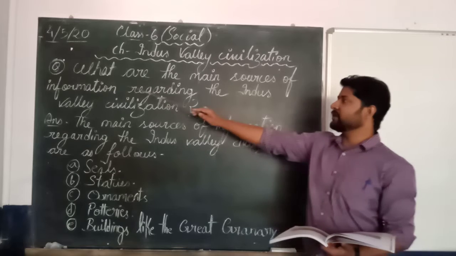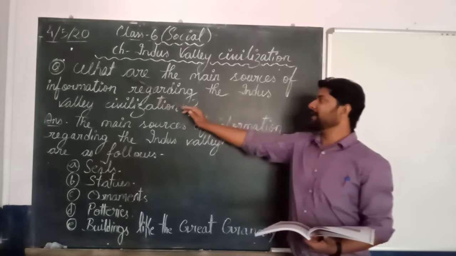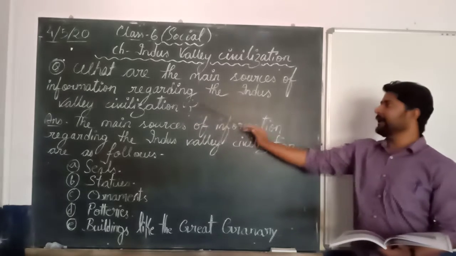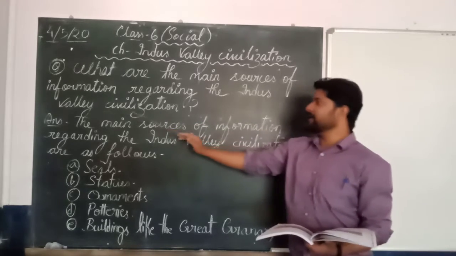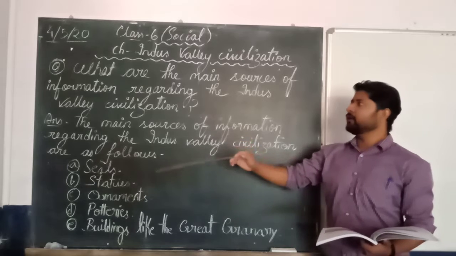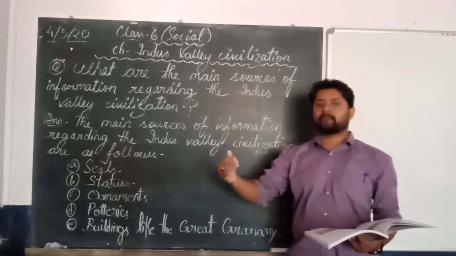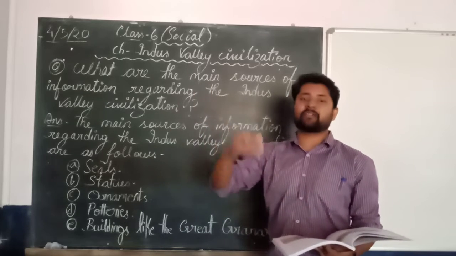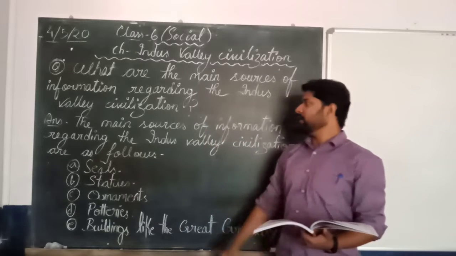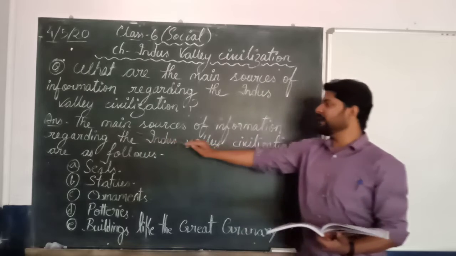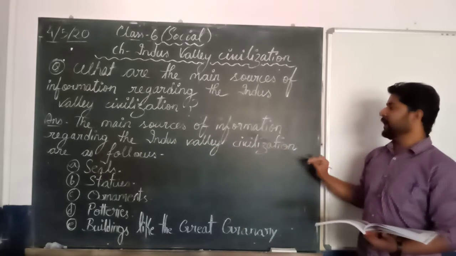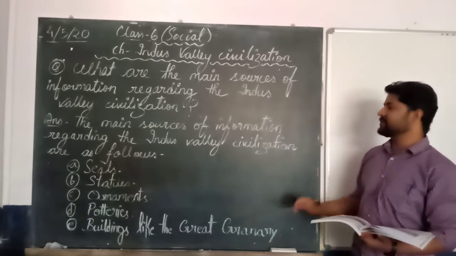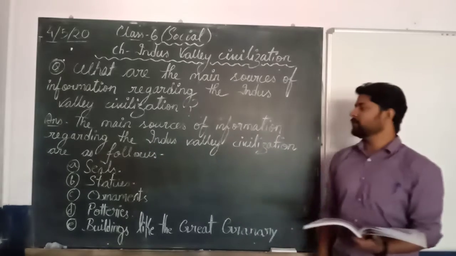As you can see, the question is written as: what are the main sources of information regarding the Indus Valley civilization? The question means, with the help of which sources did we get all the information about the Indus Valley civilization. The answer is that the main sources of information are as follows.